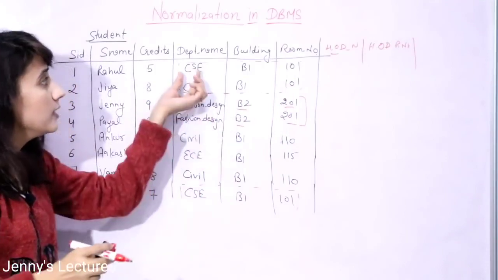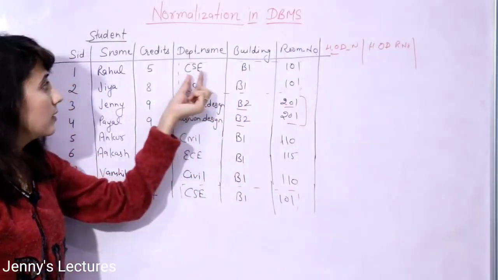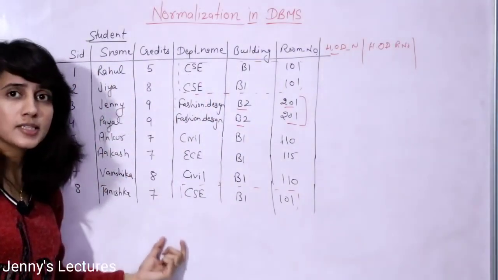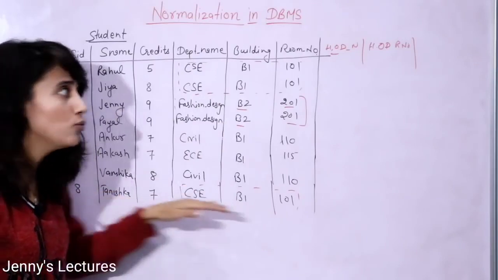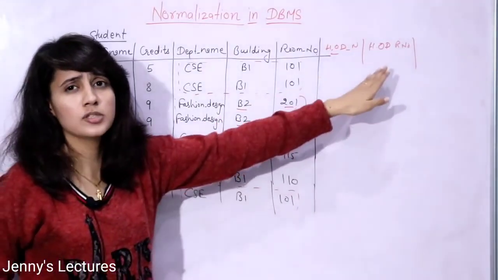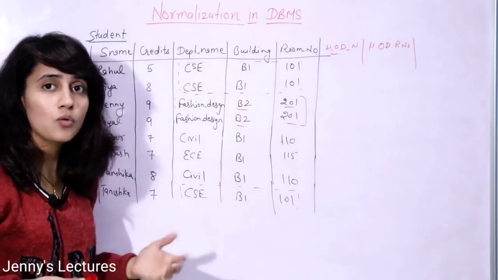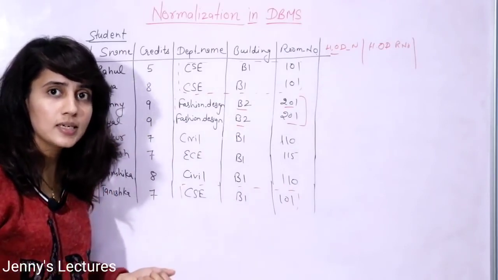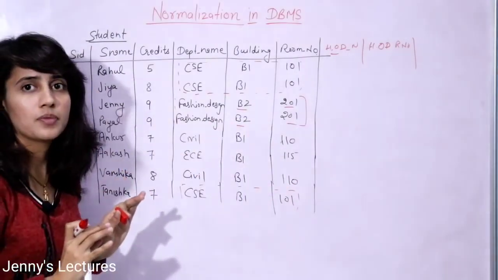So for CSE 1 HOD would be there, right, and if students are 100 in CSE department, so for all those 100 students, you have to repeat the HOD information in all the 100 tuples. Now what is that? That is redundancy. So problem is what? Because of this larger schema.